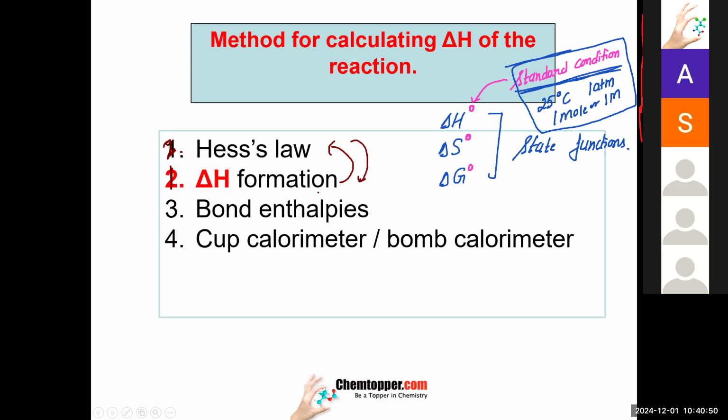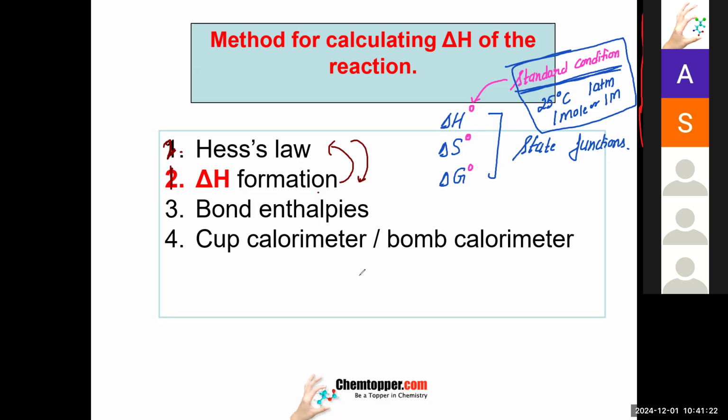Kavya, Arnav, make a box, write these things again and again, memorize them. You should know STP because we did plenty of questions on STP. They will not give you these things, I don't think. It's better to memorize them.